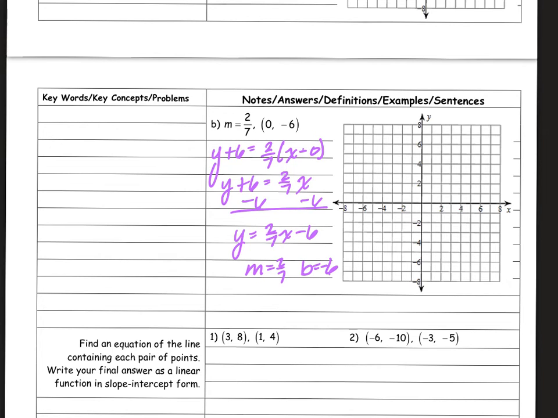So I'm going to start at -6, and go up by 2 and over by 7, and down 2 and over 7, back 7. And there's my line. Okay? Nice job, you guys.